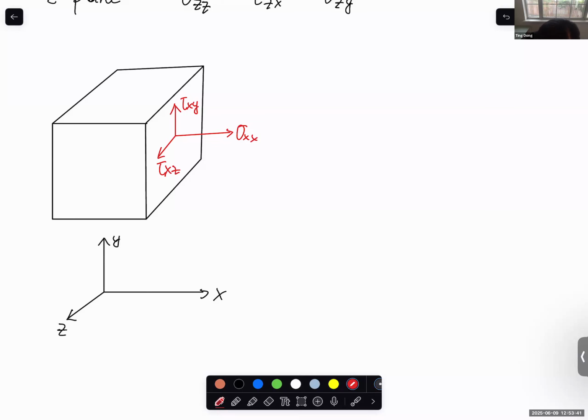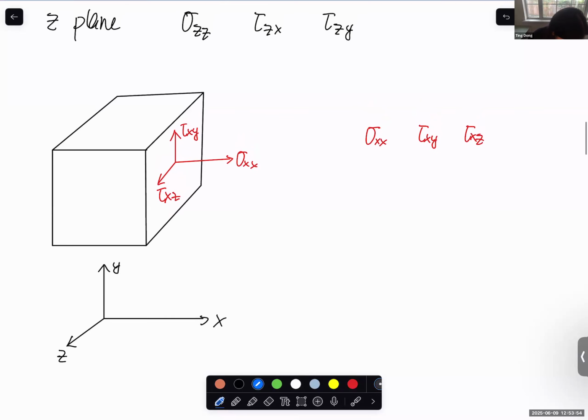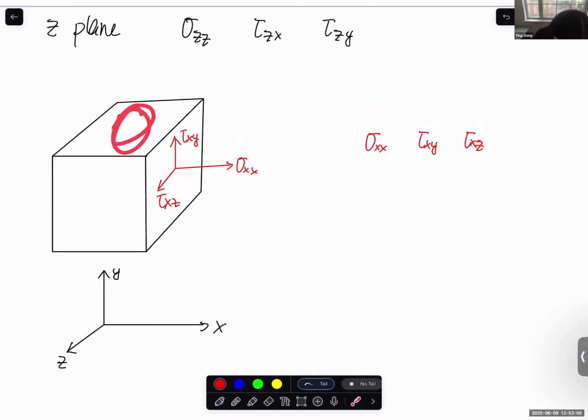Let's put them in the matrix. So we have three components on the x plane: sigma xx, tau xy, tau xz.